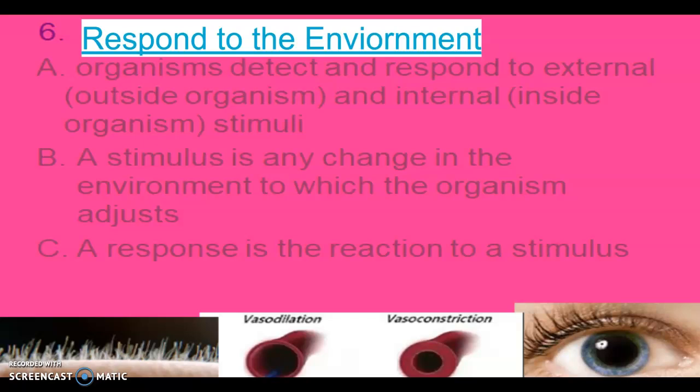So we're talking about blood vessels. So if I'm hot, then my blood vessels are going to dilate so that I can have this extra blood flow near the surface of my skin, and I'm going to get rid of extra heat, which is a good thing. Vasoconstriction, if I'm cold, they're going to constrict and they're going to keep those blood vessels in so I can conserve heat. Standing hair on the ends.